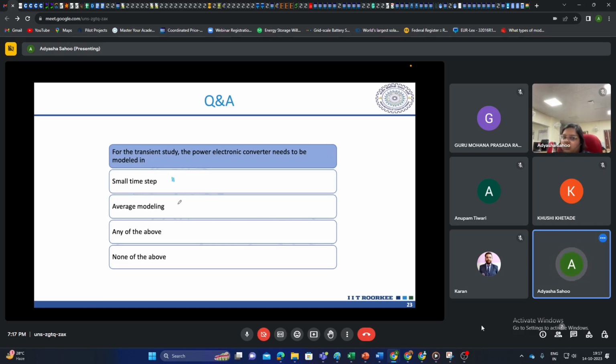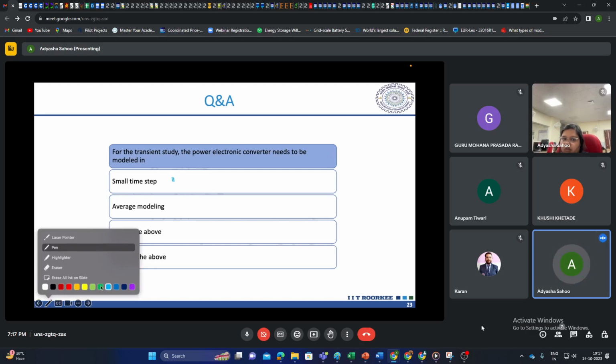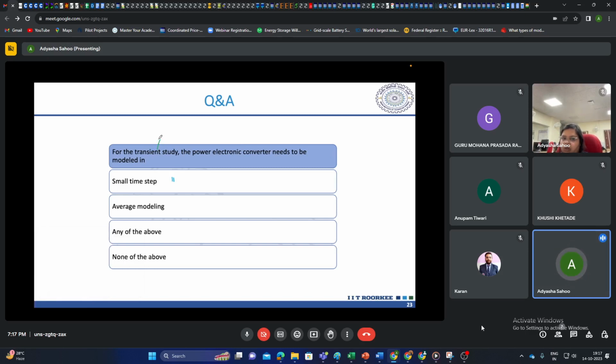Anyone else would like to attempt? So for a transient study, basically, we need accurate models. If we use average modeling, then it may not give the correct results. For that, we use the small time step models.